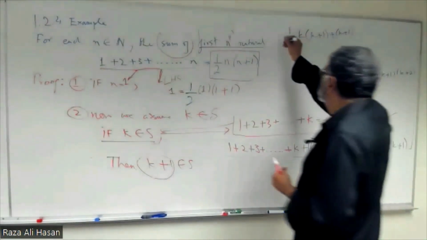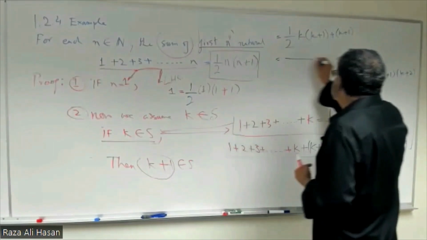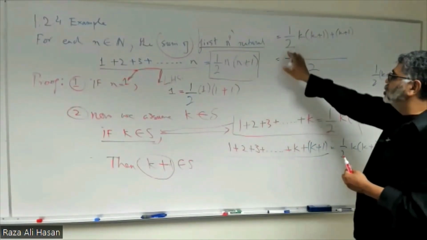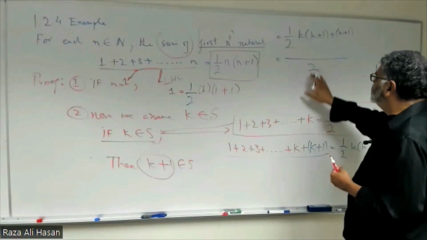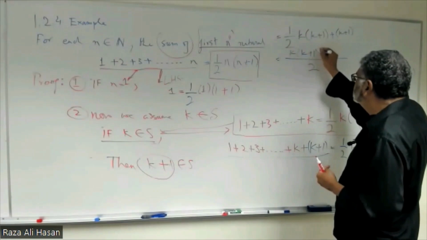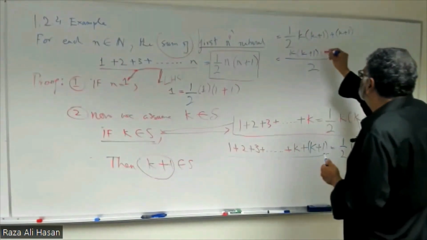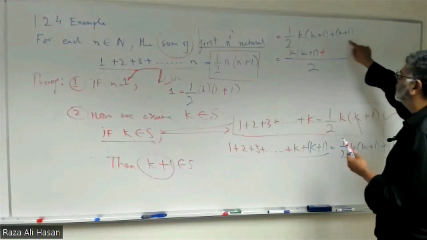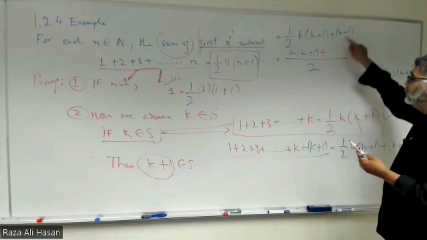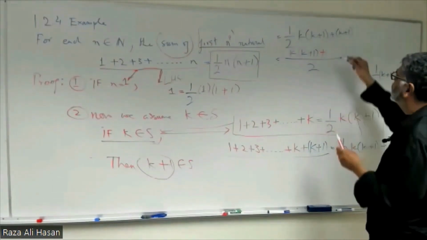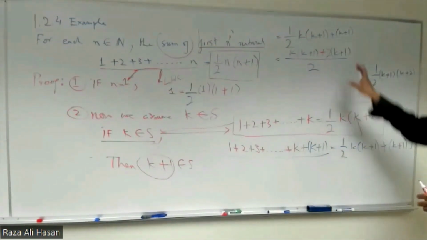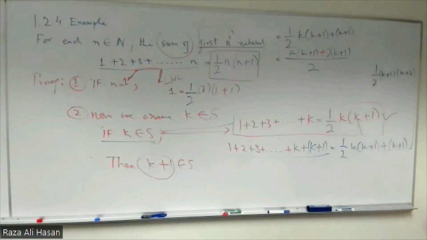So I'm doing the same trick here. 2 divided by 2 is 1, so 1 times this number is k plus 1, plus k plus 1. Plus, there's a 1 here, so 1 divided by 2. 2 divided by 1 is 2, so 2 times. Okay, so I want you to do this your way and see if you get this.